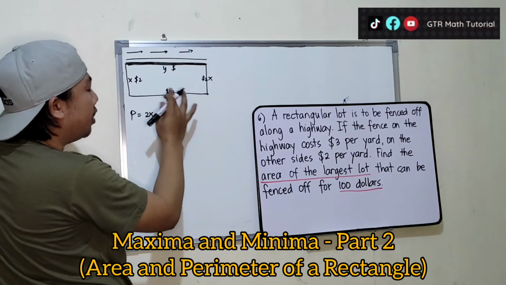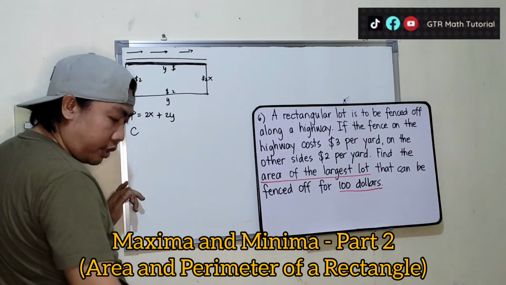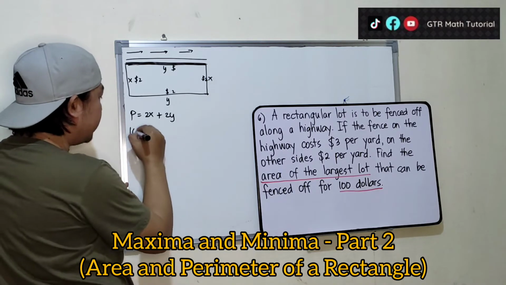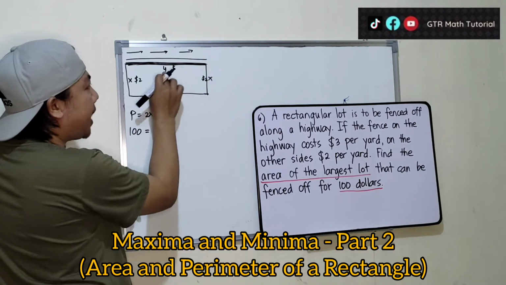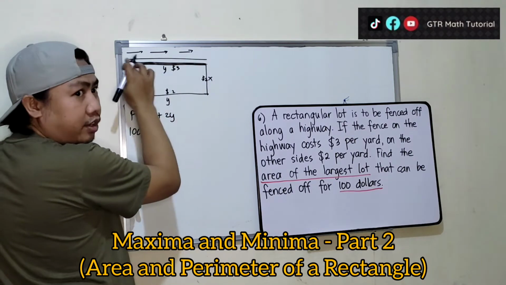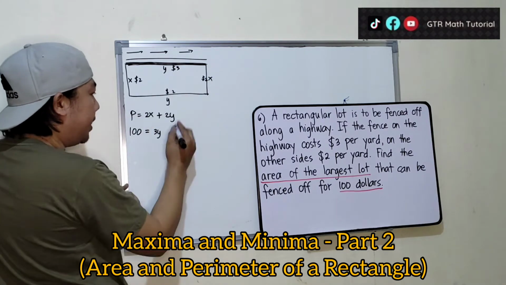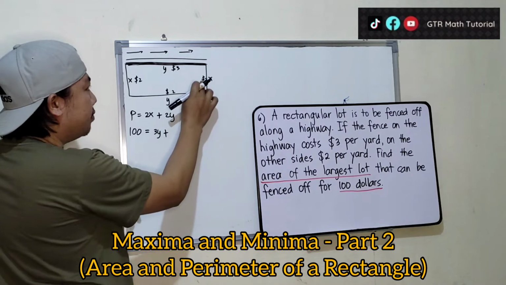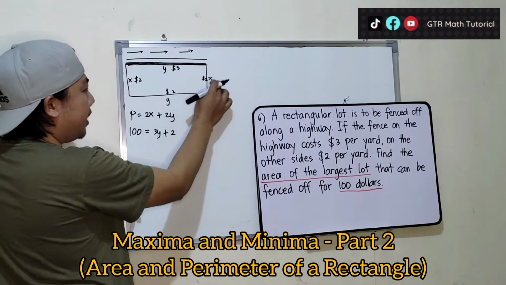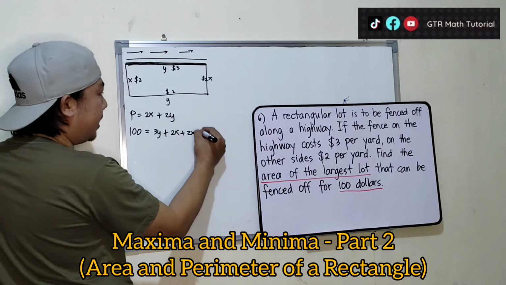Our first equation, for the cost, is $100 equals $3 for the side on the highway, so 3 times y, plus 2 times x, 2x, plus another 2x, plus 2y.